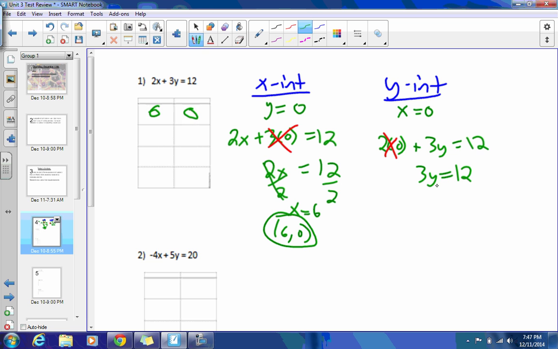And just as before, to solve that, you do one step, and this time it would be dividing by 3. So y equals 4. The point would be (0, 4), because 0 is the x and 4 is the y. And what you do then is plot those 2 points.